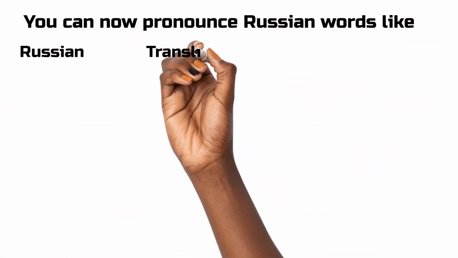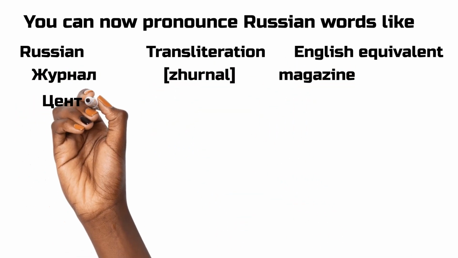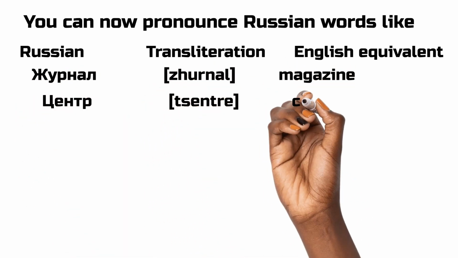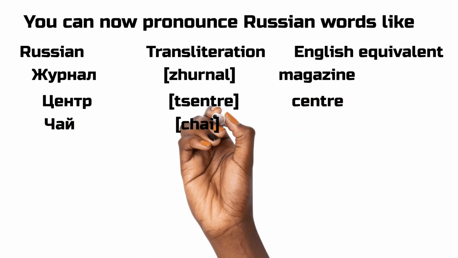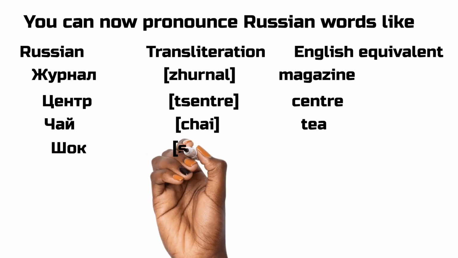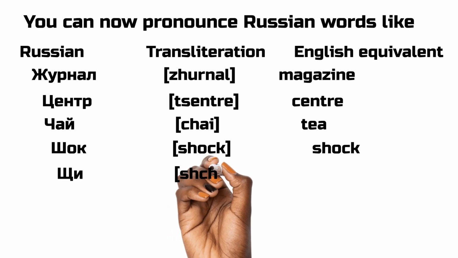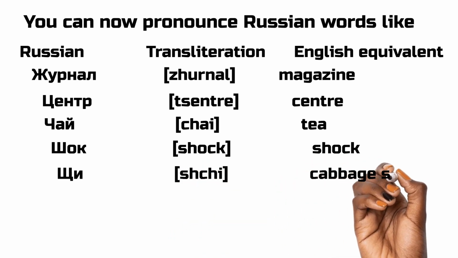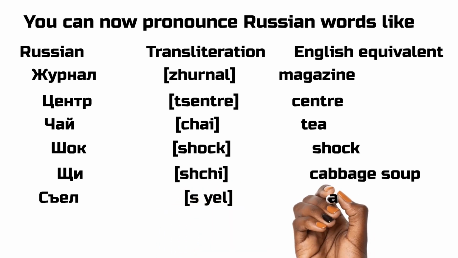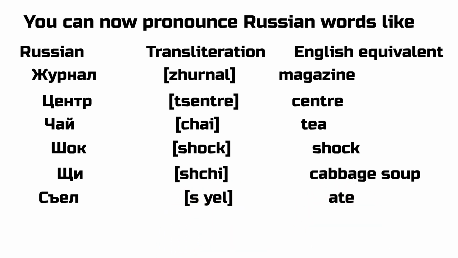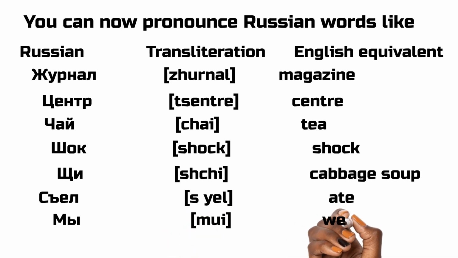Now that you know the sounds of letters in Group 4, you can pronounce Russian words like zhurnal, which means magazine, tsentr, which means center, chai, which means tea, shkaf, which means cupboard, shchi, which means cabbage soup, vosem, which means 8.